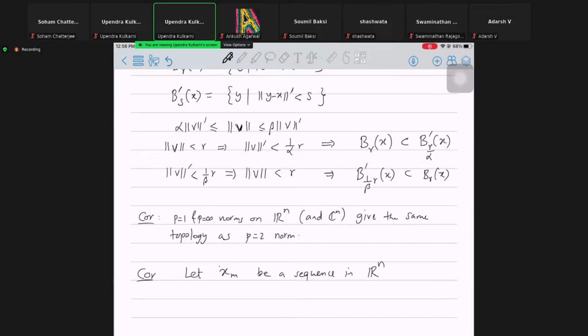I want to avoid double subscript. So let's put a bar on this to show that it is a vector, like we do in school. Let's put a notation: xm bar is xm1 up to xmn. So I'm going to put superscripts over here.